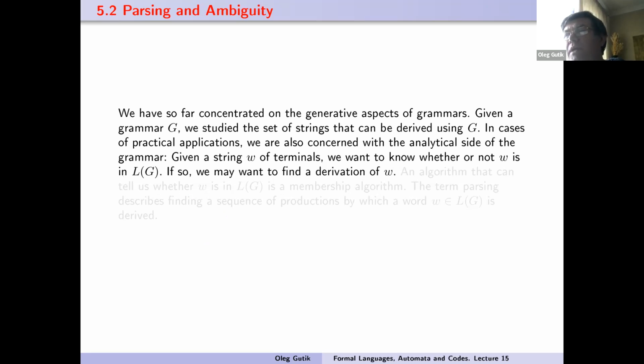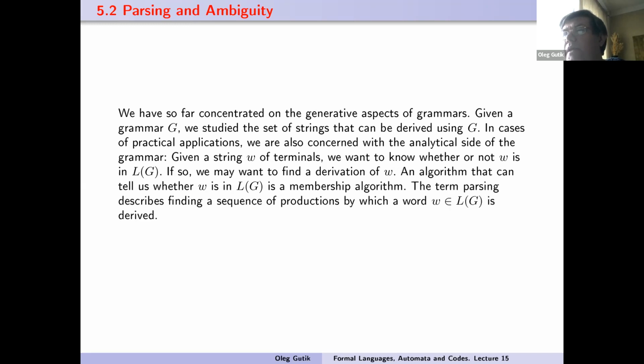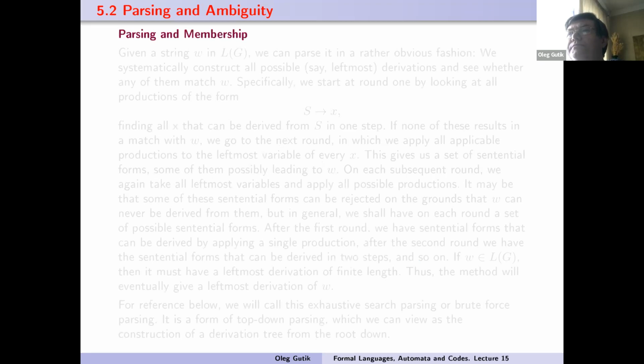So we may want to find a derivation of the word w. An algorithm that can tell us whether the word w is in L(G) is a membership algorithm. The term parsing describes finding a sequence of productions by which a word w from L(G) is derived.